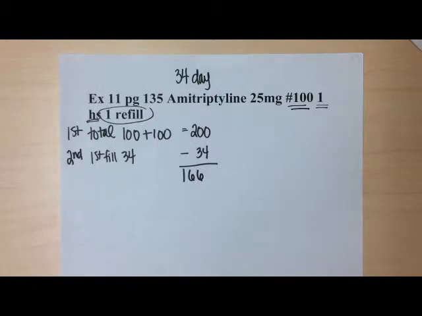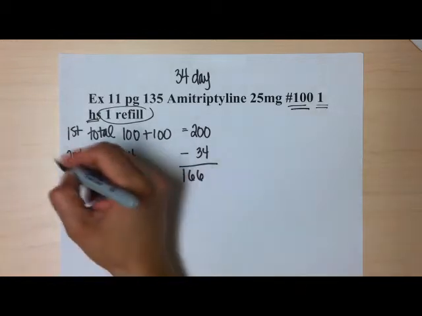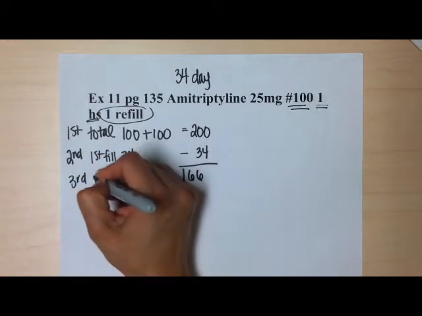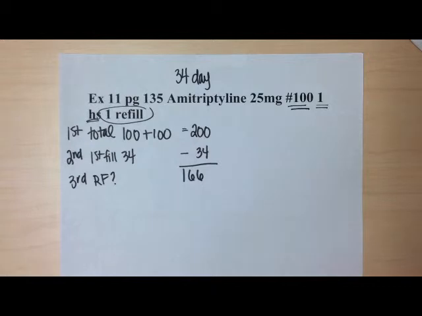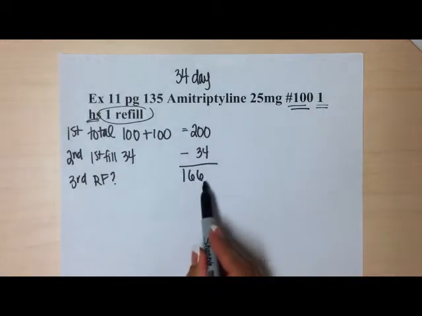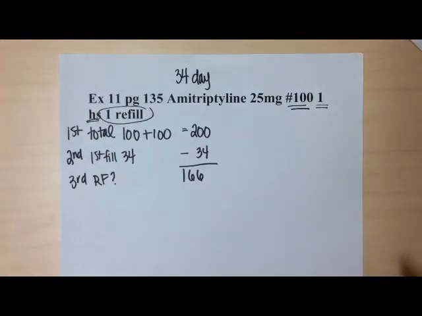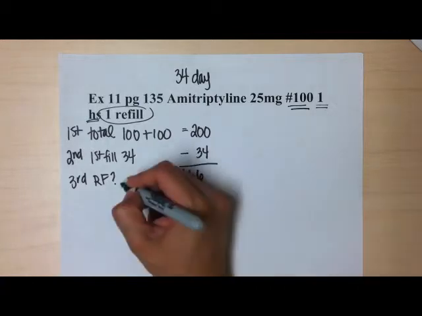So the next question is, what is the number of refills that this patient can get if each fill is 34 tablets? What you could do is take 166 and divide that by 34, and you can see that they'll get at least another 4 fills.